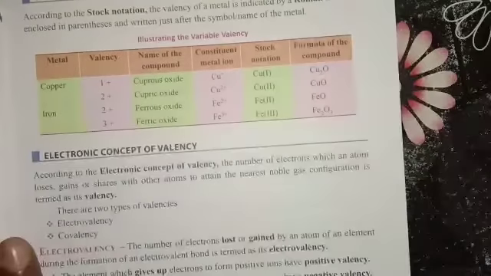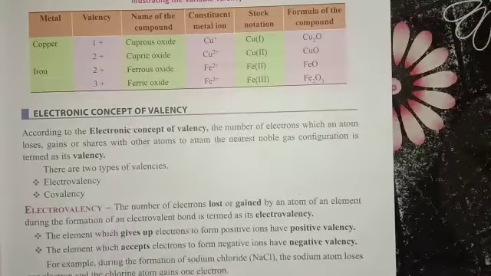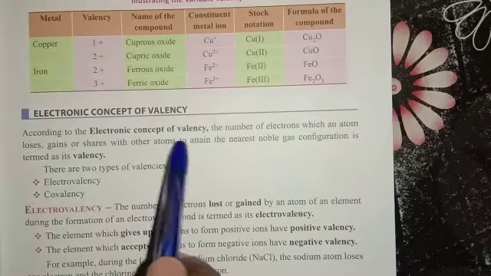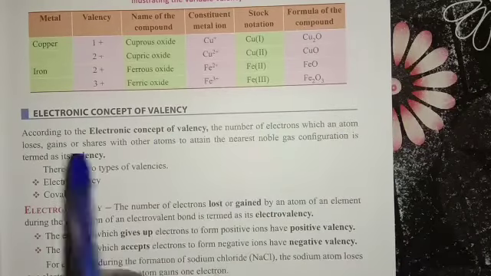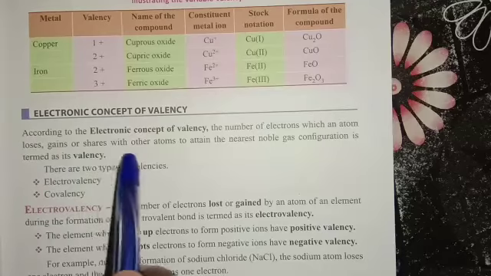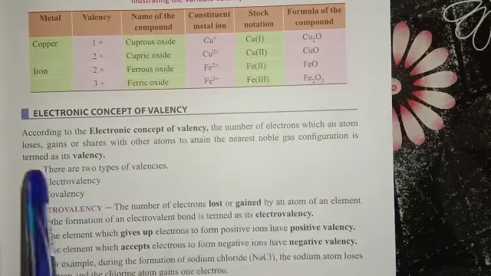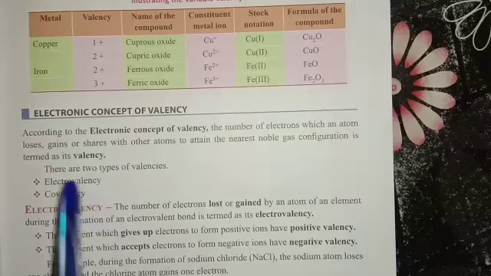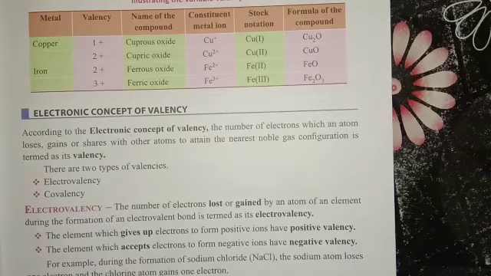Now the electronic concept of valency. According to the electronic concept of valency, the number of electrons which an atom loses, gains or shares with other atoms to attain the nearest noble gas configuration is termed its valency. There are two types of valency: electrovalency and covalency.